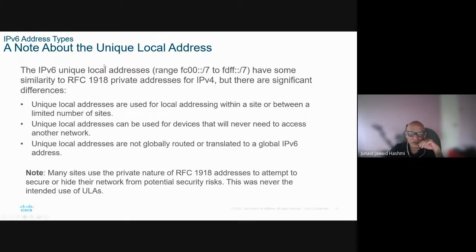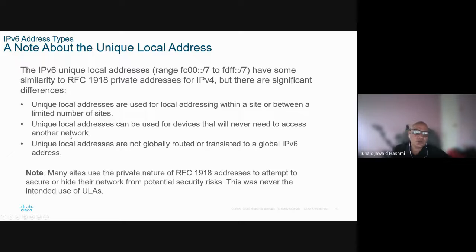The unique local addresses have some similarity to private addresses. They're used for local addressing only within a site or between a limited number of sites. They can be used for devices that will never need to access another network.